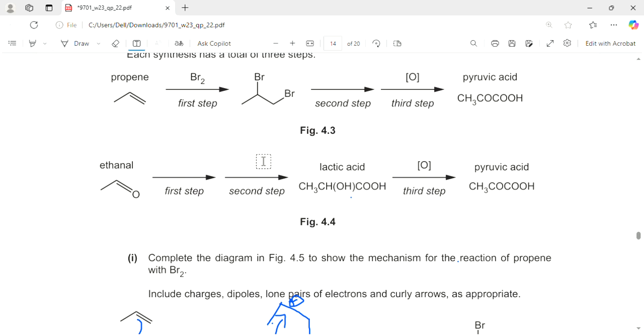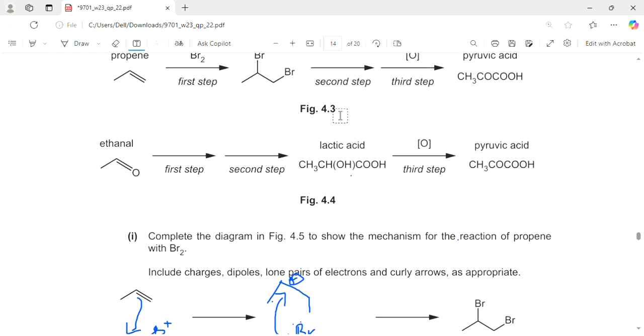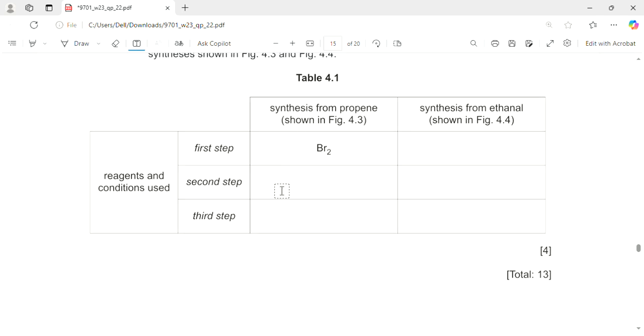So the second step should be sodium hydroxide, okay, NaOH, NaOH and heat. Yes, and heat.